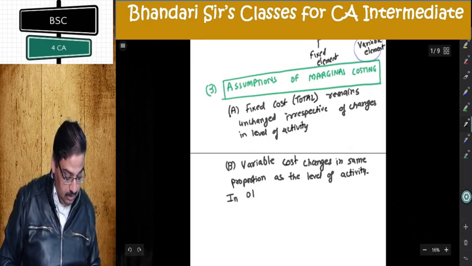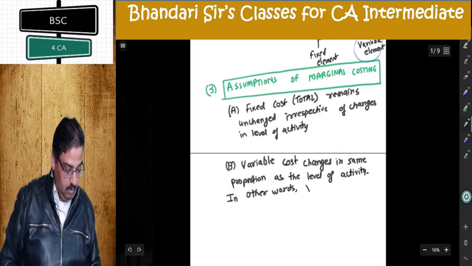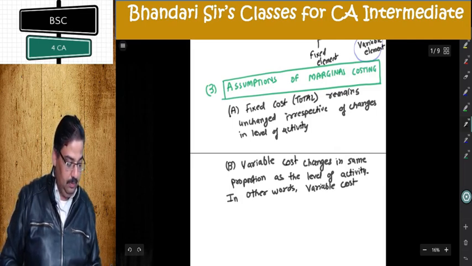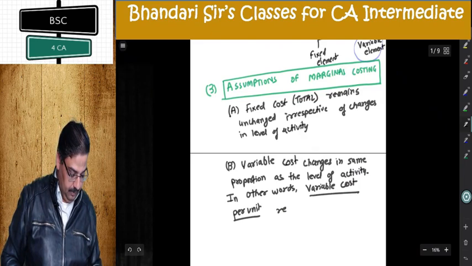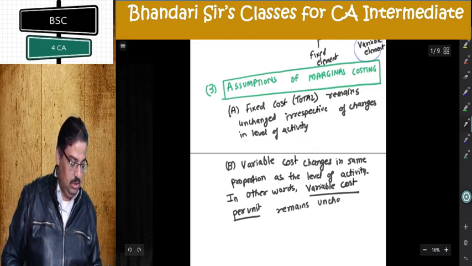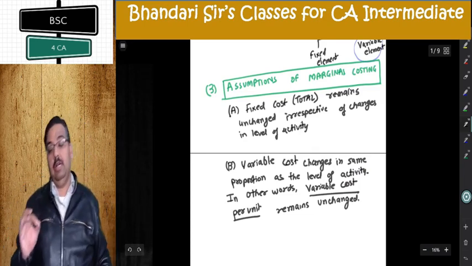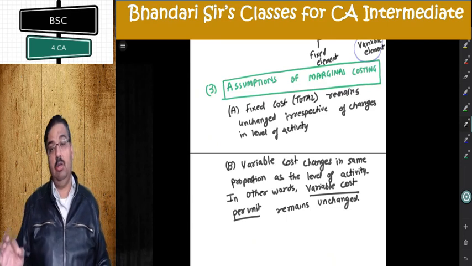In other words, variable cost per unit remains unchanged. They are two basic assumptions of marginal costing.